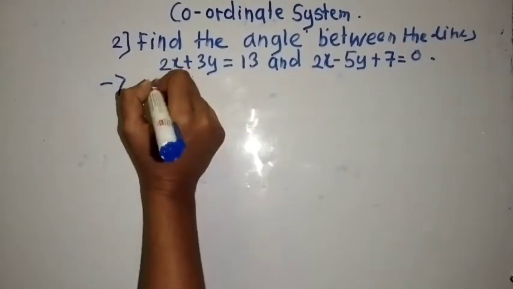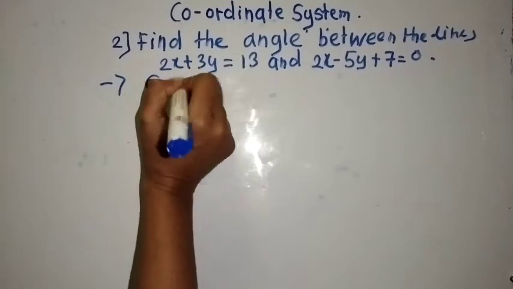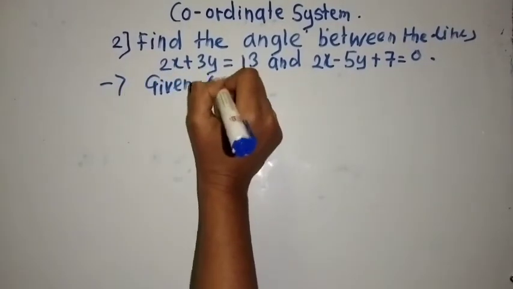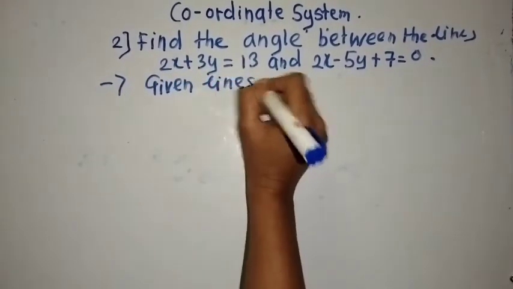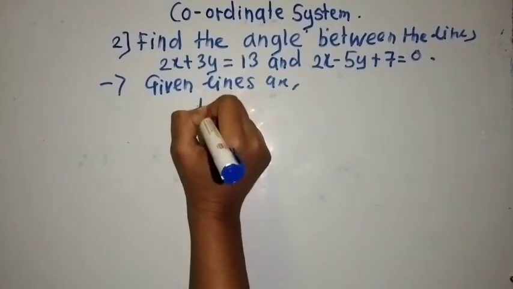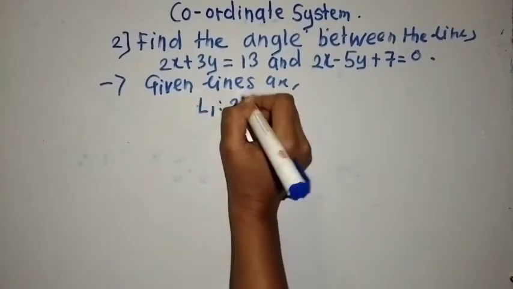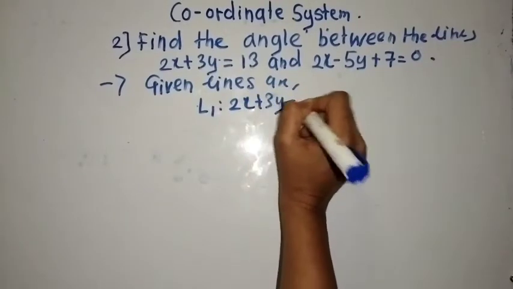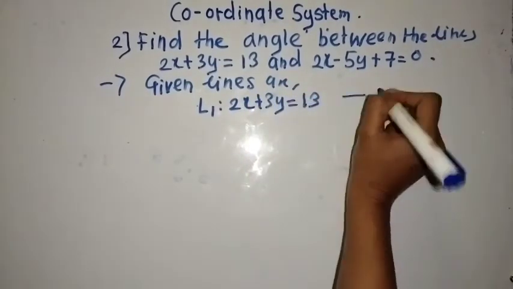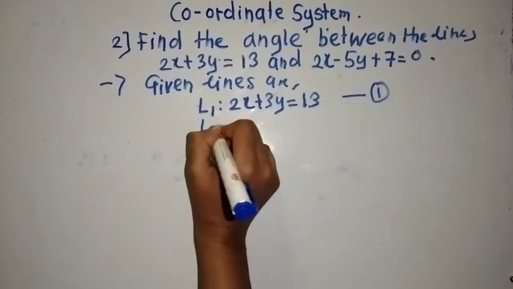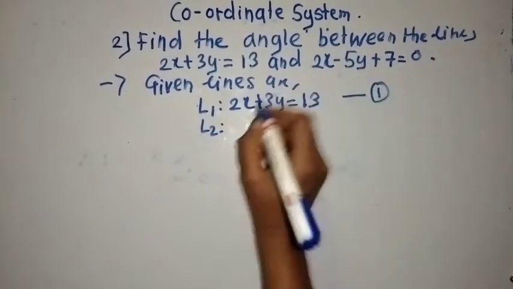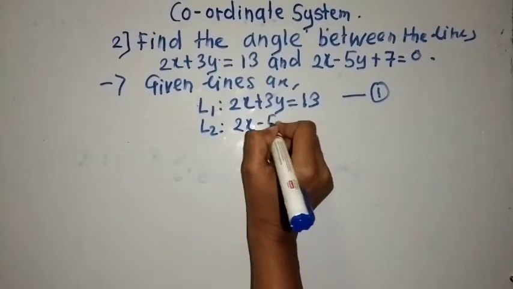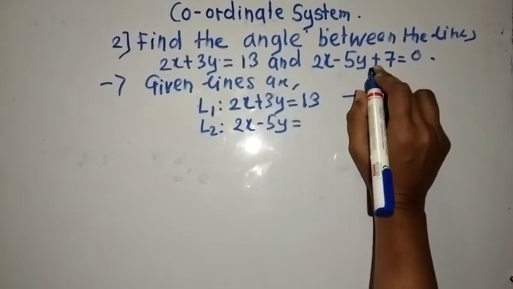First, the given lines are: L1 is 2x plus 3y is equal to 13, and L2 is 2x minus 5y is equal to minus 7.